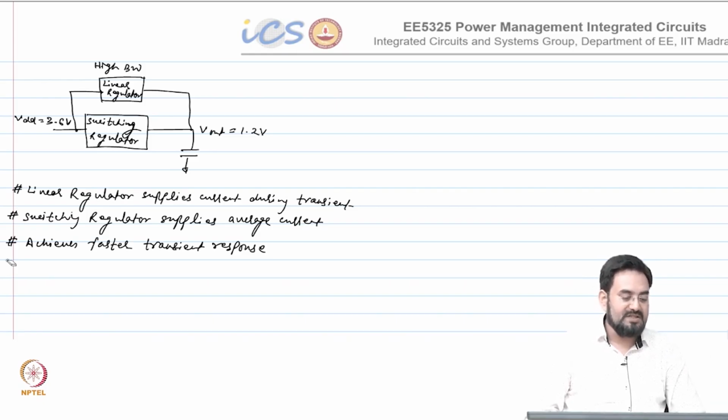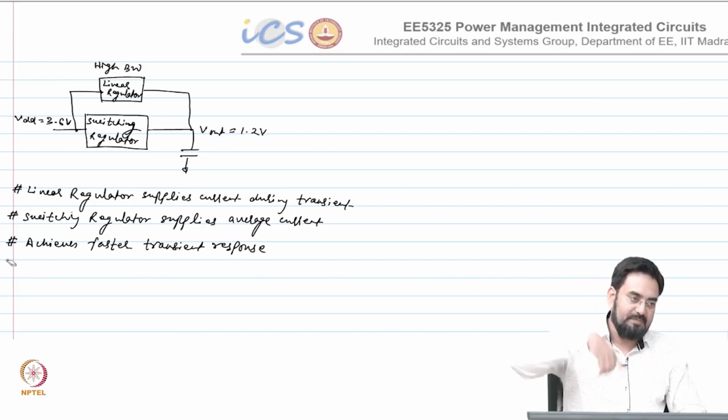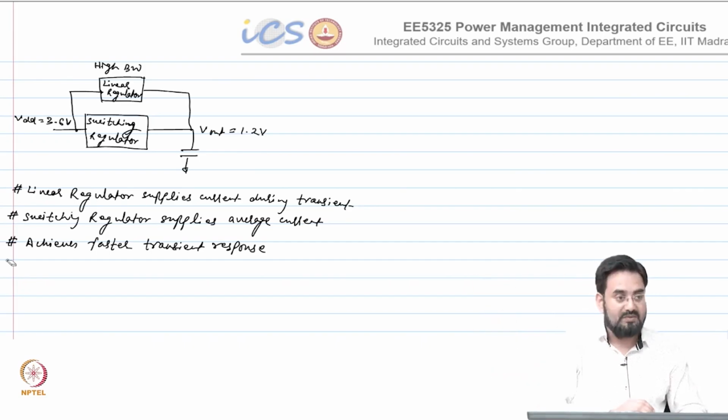So, you design your switching regulator for 1 amp average and 1 amp transient will be supplied by your linear regulator. Okay. And since this transient is coming only once in a while, you will not lose that much efficiency. You will lose some efficiency, but not that much, because most of the time it will be supplying 1 amp average current and the 2 amp peak will happen only once in a while.